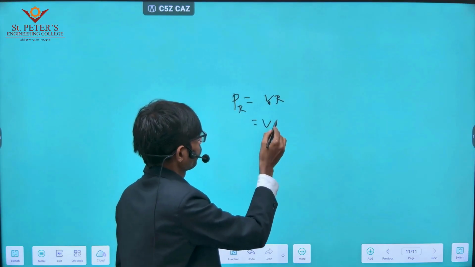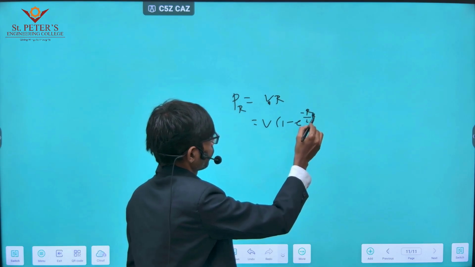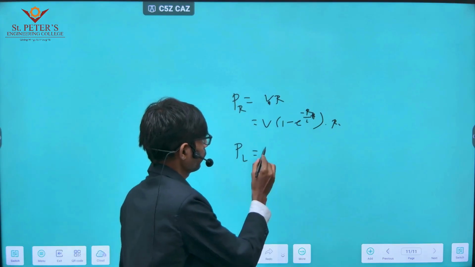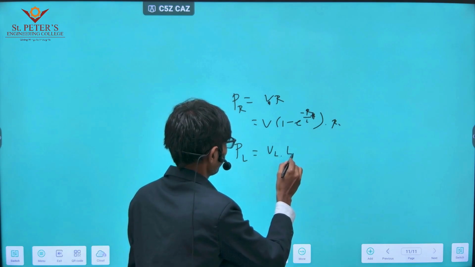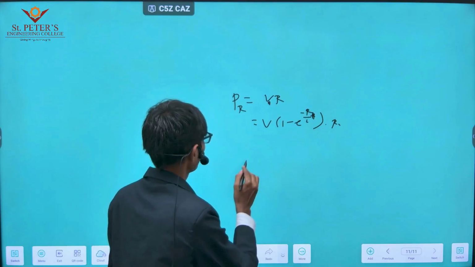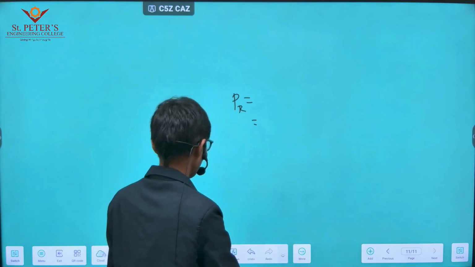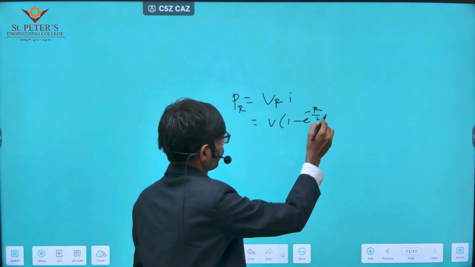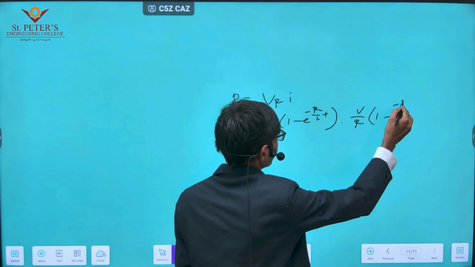VR will be V into 1 minus e to the power of minus R by L t into R. Across the inductor, the power will be VL into I. So VR means V of 1 minus e to the power of minus R by L t, and I means V by R of 1 minus e to the power of minus R by L t.